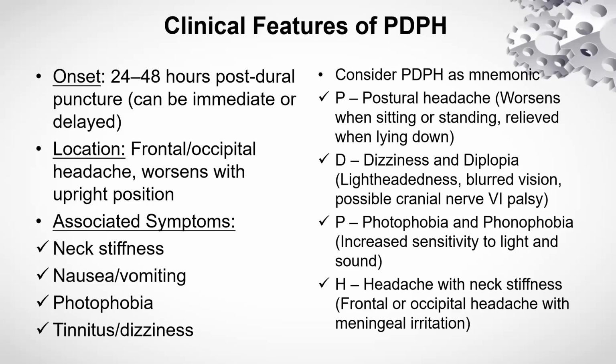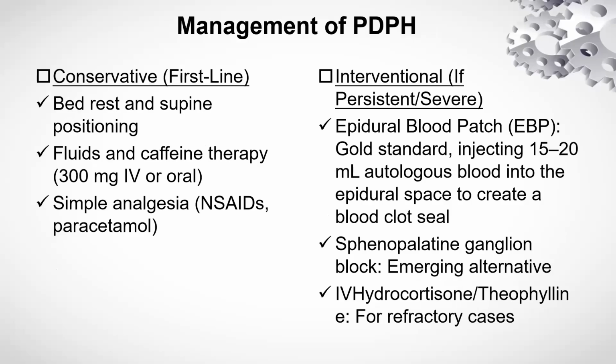The onset is about 24 to 48 hours post-dural puncture. Usually the location is frontal and occipital headache, which worsens with upright posture. It may be associated with neck stiffness, nausea, vomiting, photophobia, tinnitus, and dizziness. So consider PDPH when you're seeing these symptoms, and you have your mnemonics there.